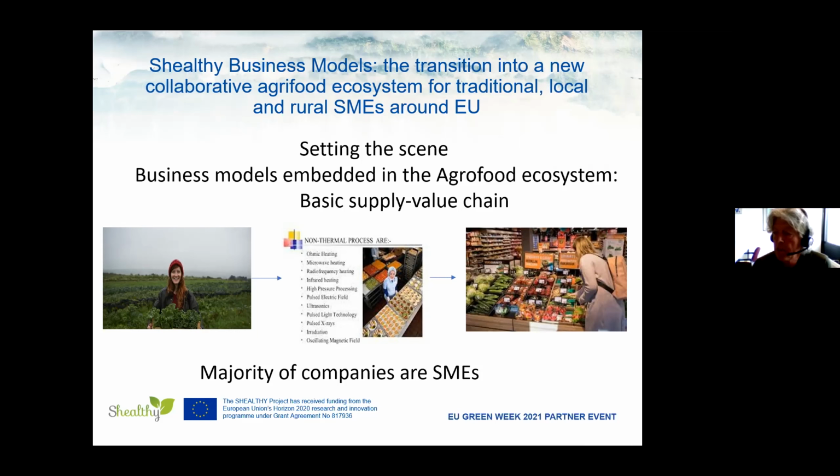In the middle is the company with the new technology to be implemented, reaching out to the customer, the supermarket or a shop where the consumer can buy products, and on the other side, the primary production, the farmers. So this is the basic supply value chain, and the majority of companies are SMEs, small and medium-sized companies.